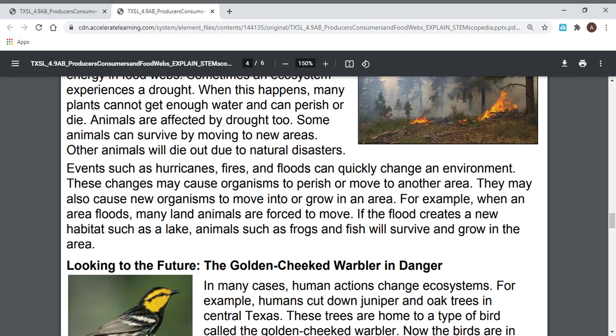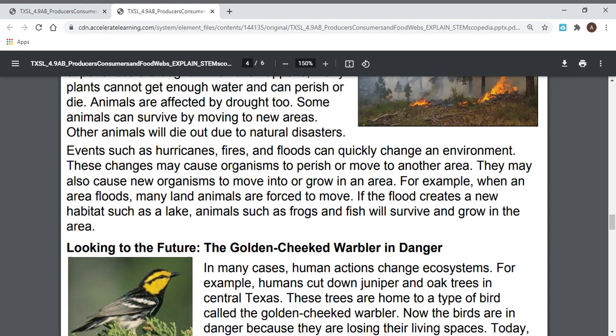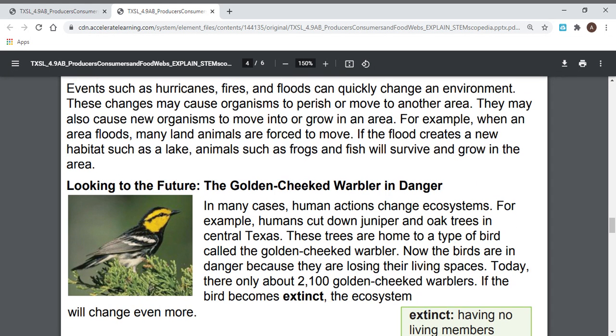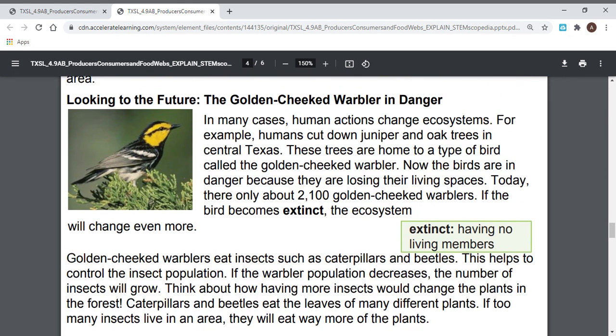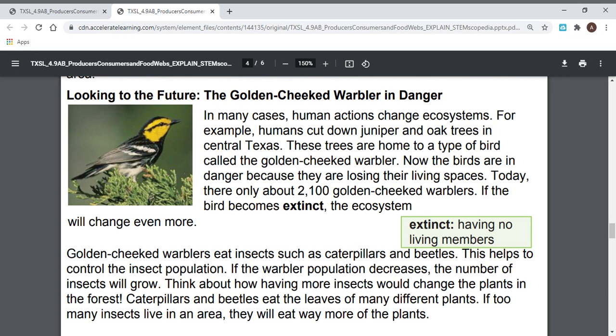For example, when an area floods, many land animals are forced to move. If the flood continues, a new habitat, such as a lake, forms, and animals such as frogs and fish will survive and grow in the area.